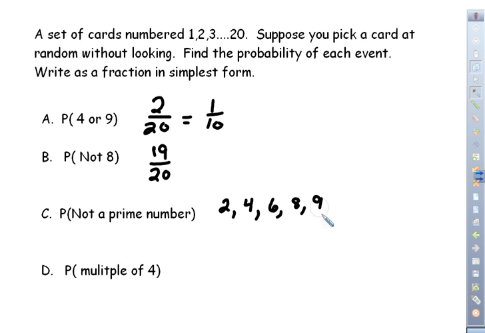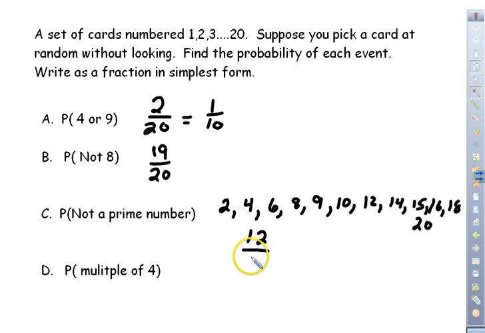Well, 3 does, so 9 is composite. 10, 11 is prime. 12, 13 is prime. 14, 15, 16, 17 is prime. 18, 19 is prime, and 20. So a total of 1, 2, 3, 4, 5, 6, 7, 8, 9, 10, 11, 12 numbers are not prime numbers.